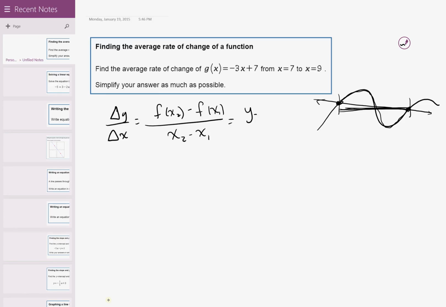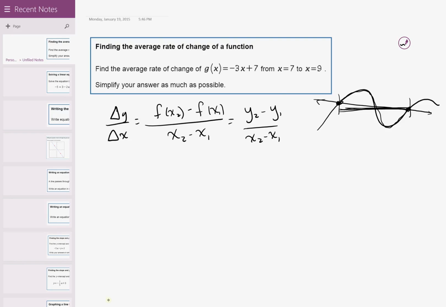This is also called y2 minus y1 over x2 minus x1, which is the formula for slope of a line. And it doesn't matter which point goes first. It doesn't matter which point we call x1, y1, and which point we call x2, y2, as long as we are consistent and do the same in both the numerator and the denominator.